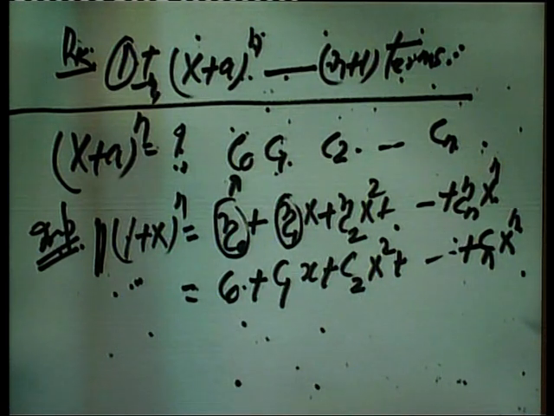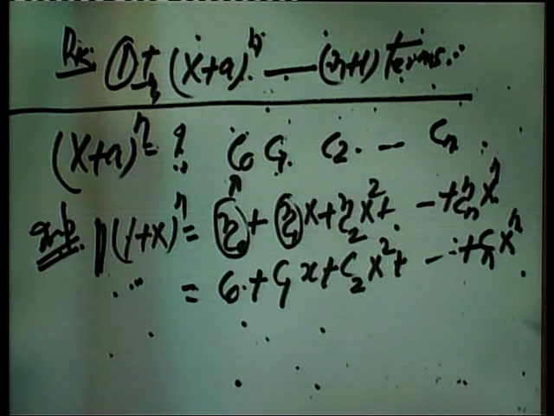This simple expression, which is nice, C0 plus C1 x plus C2 x square plus Cn x^n, gives you a lot of information regarding binomial coefficients. Let me see a few of them.